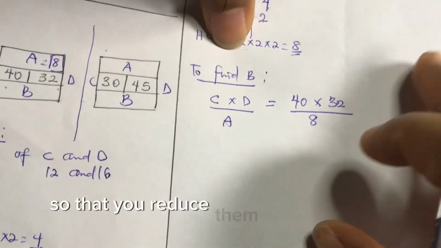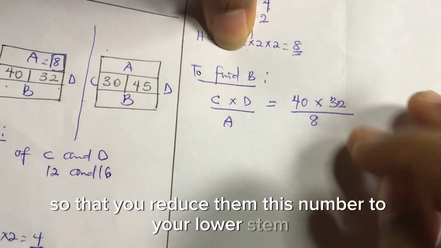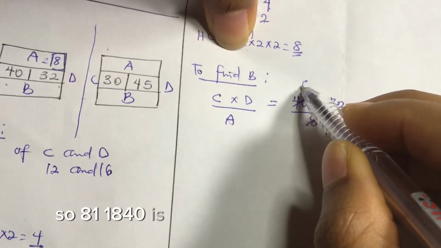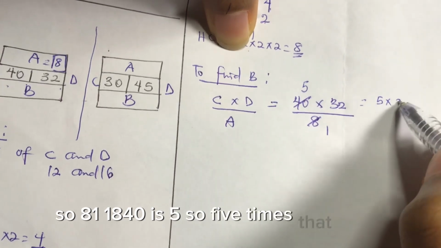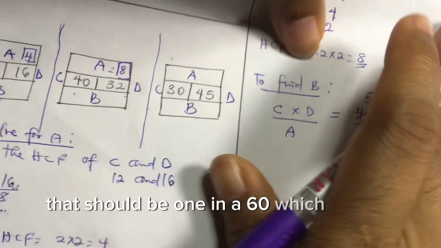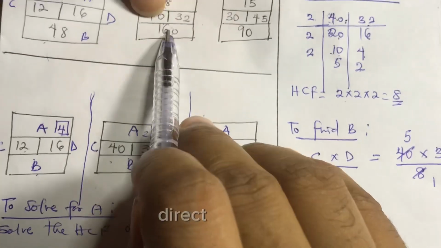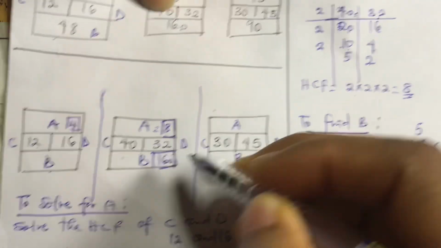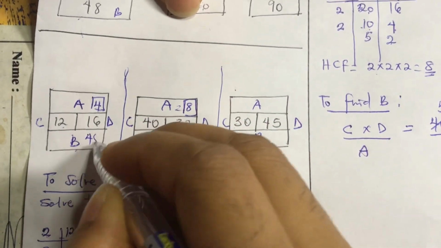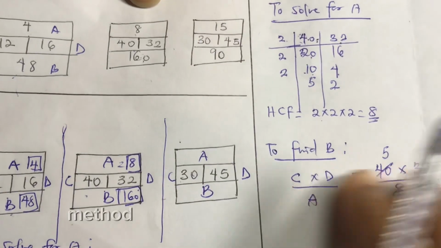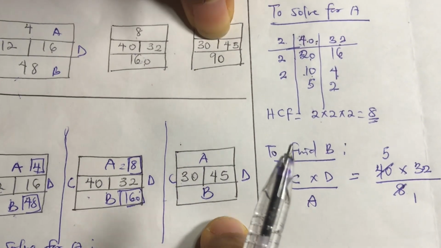We have to reduce this number to its lowest term. 8 in 8 is 1, 8 in 40 is 5. So 5 times 32 should be 160, which is what was derived here. So this is 160. Here, this is 48. If you use the same method to solve for the third sample, you are still going to arrive at the same answer.